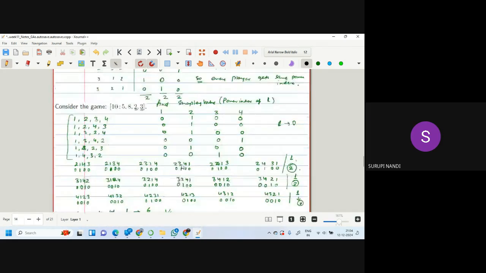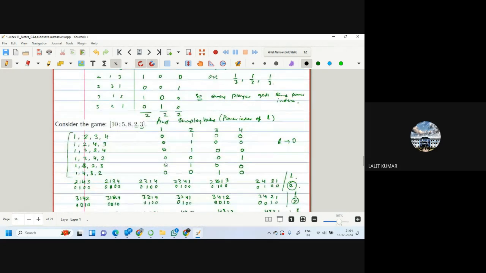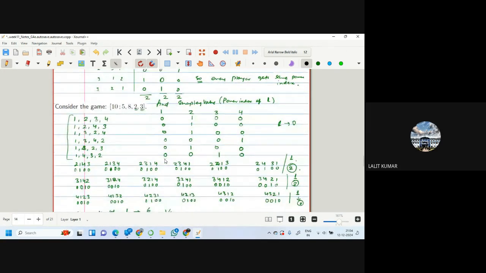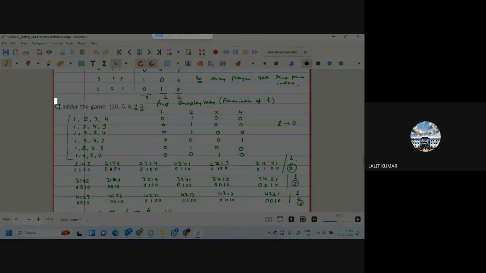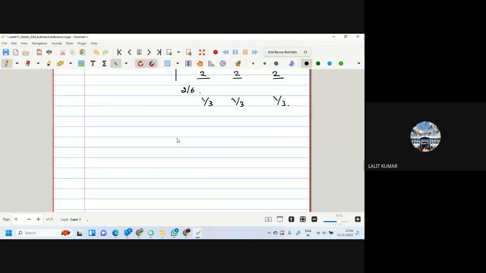Okay, good. So now you can solve another question also. This 10583, and now I will try to solve this question in another way. Either you can do it like this, or, for example, we want to find out the power index of 5.